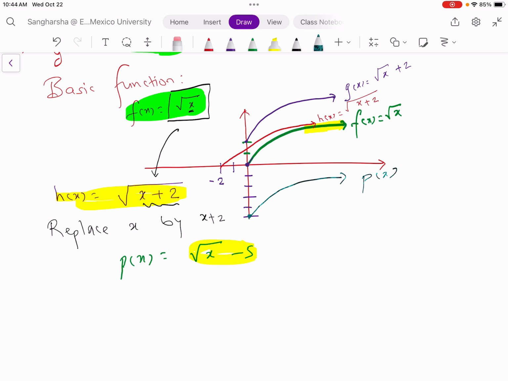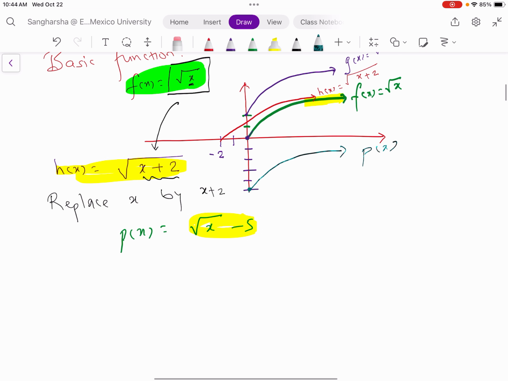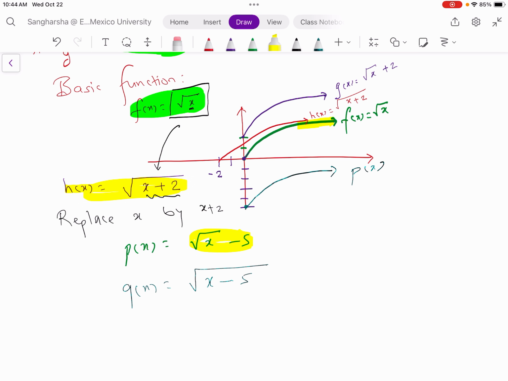The next one, let me call q of x, is the square root of x minus 5. Make sure you see these two are different. To get this q of x, we have to replace x by x minus 5.